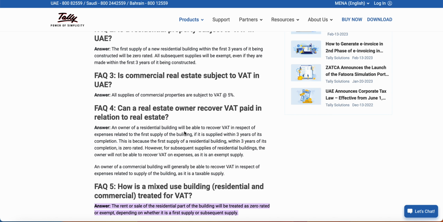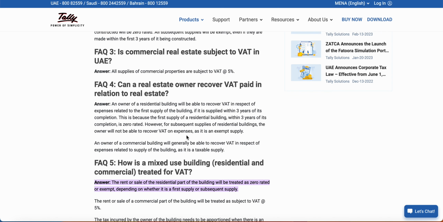So for residential and commercial, there are separate rules, because exempt supplies means that you cannot claim input for these supplies. That means the traders or the property dealers or people who are the subsequent second, third, and fourth buyers, they cannot claim if they are charged at the time of purchase of any input. For example, if they are buying property from a first time buyer or second time buyer, maybe they pay commission, and the person charging commission will also be charging them with VAT.